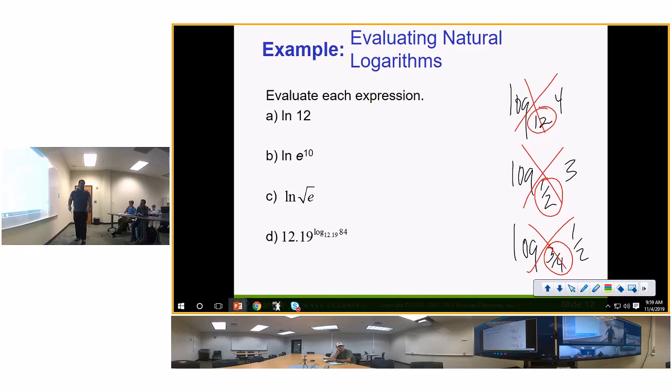An e. And that's what they're trying to get you to do. And yes, there will be 1 or 2 questions on the test, if you can take the natural log of something on your calculator, and if you can take the log. That's only 2 questions.